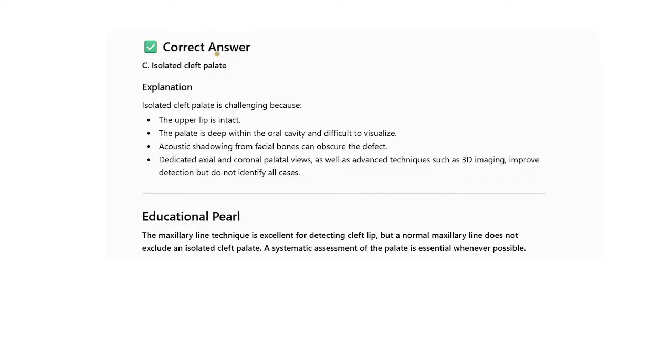Dedicated axial and coronal or palatal views, as well as advanced techniques such as 3D imaging, improve detection but do not identify all cases. So the educational appeal: the maxillary line technique is excellent for detecting cleft lip, but a normal maxillary line does not exclude an isolated cleft palate. A systematic assessment of the palate is essential whenever possible.